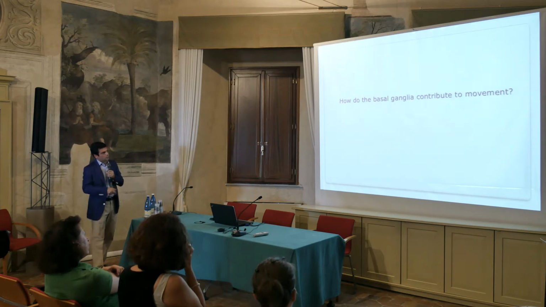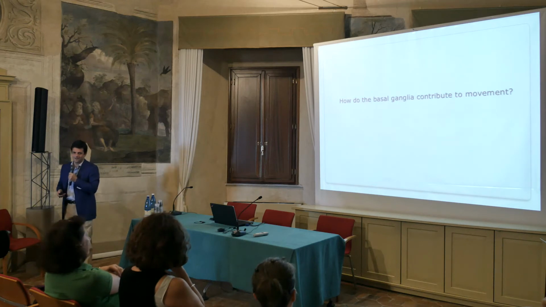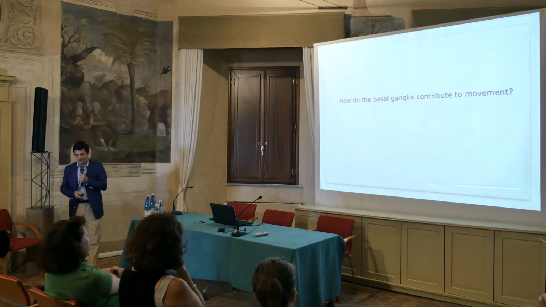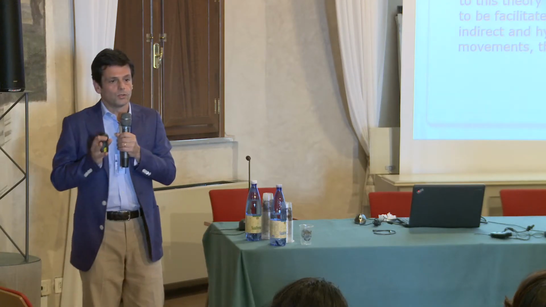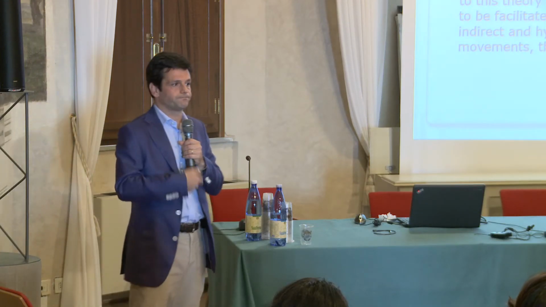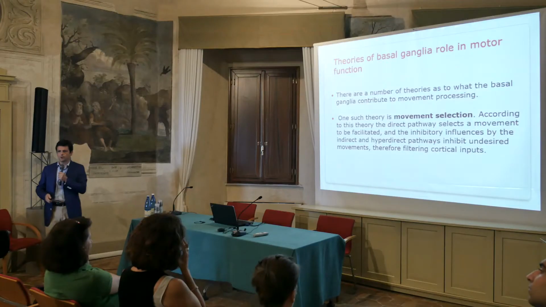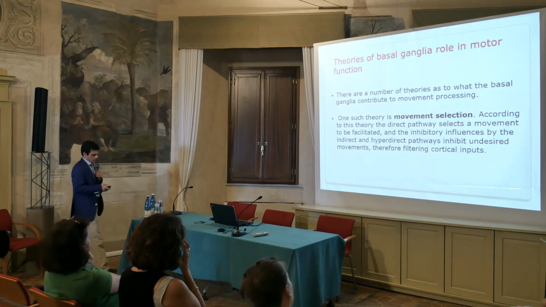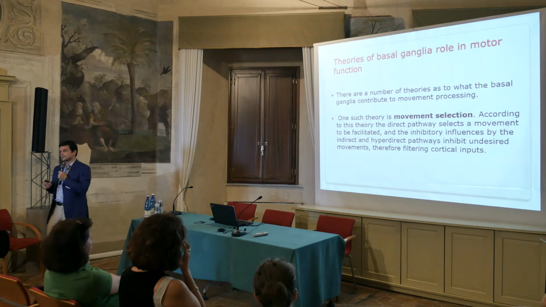Now let's go back to the original role of basal ganglia in movement. So how do they work? How do they facilitate or program movement? There are a number of different theories. One of these is movement selection.